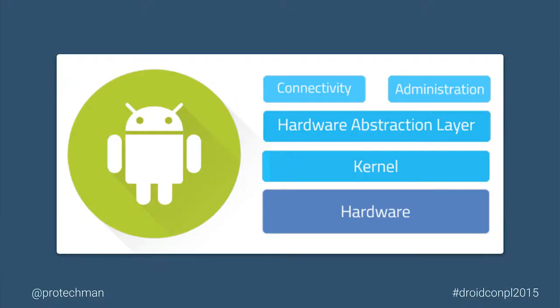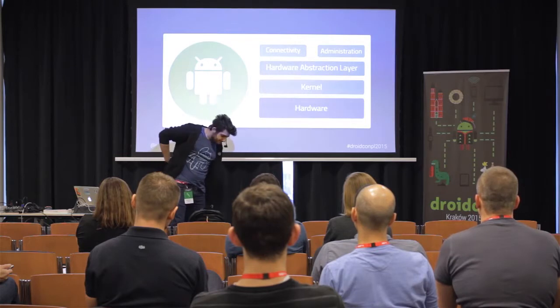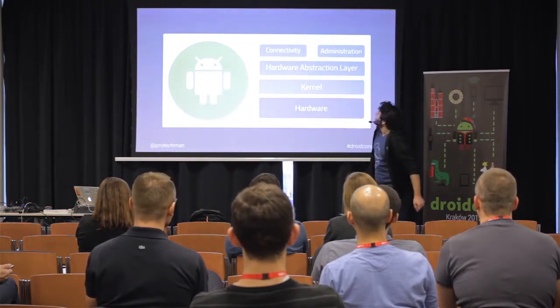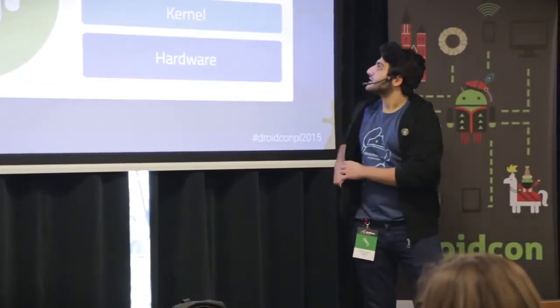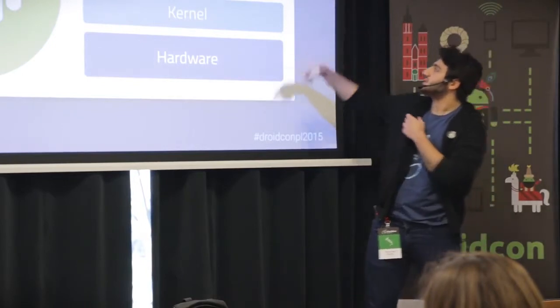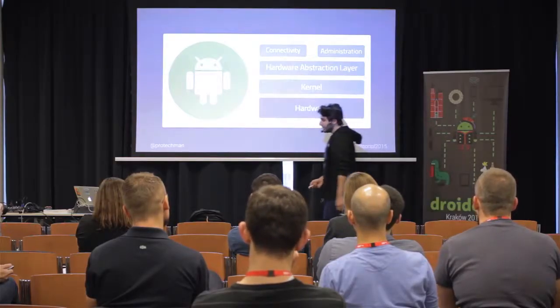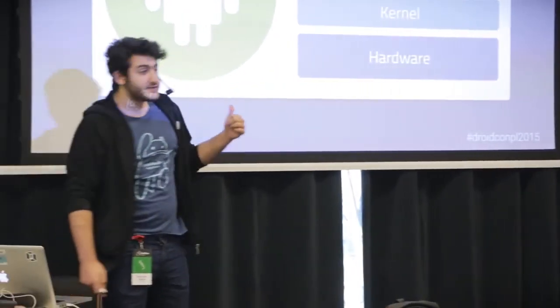There is an operating system that connects with the hardware and the kernel. Then there is a HAL layer, hardware abstraction layer, which handles all the communications with connectivity and administration. And this embedded OS is based on Android, and it's open source.